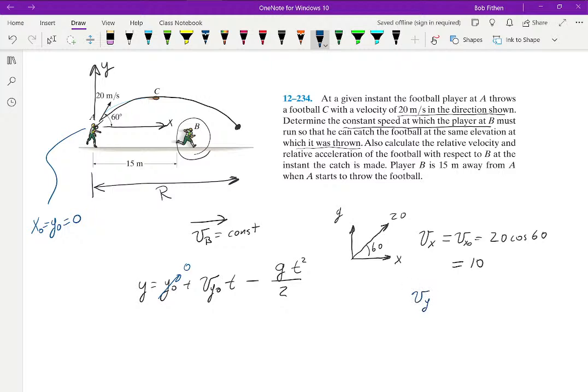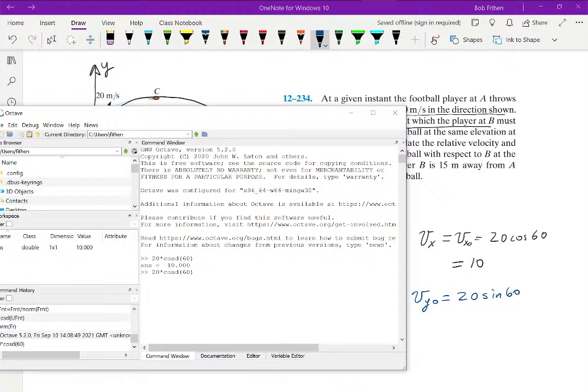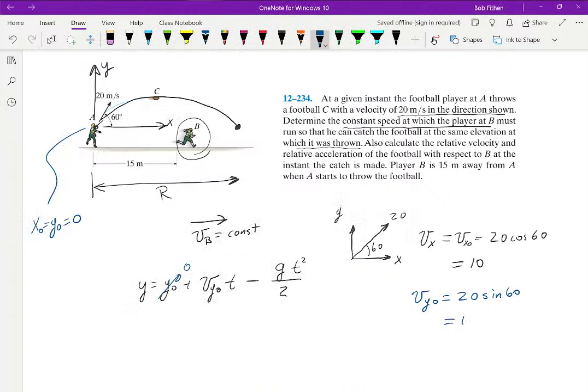Vy naught is equal to 20 times the sine of 60, which is 17.321. We're just going to carry that and drop all the digits past that. Now, since we have this, we're going to look for locations in which y is equal to 0.